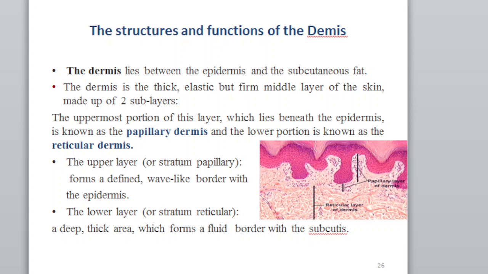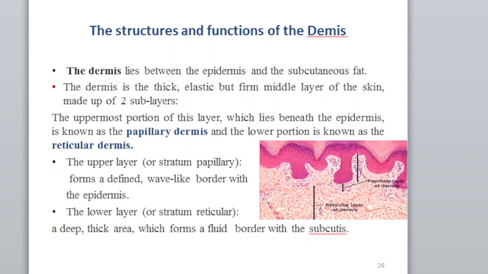The uppermost portion of the dermis, which lies beneath the epidermis, is known as the papillary dermis, and the lower portion is known as the reticular dermis. The upper layer, or stratum papillare, forms a defined, wave-like border with the epidermis. The lower layer, or stratum reticulare, a deep, thick area, forms a fluid border with the subcutis.